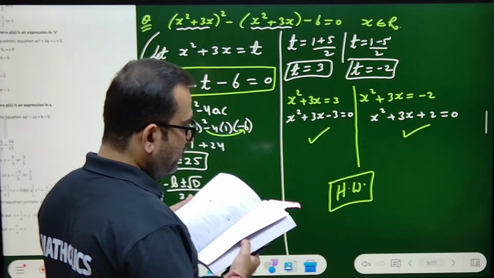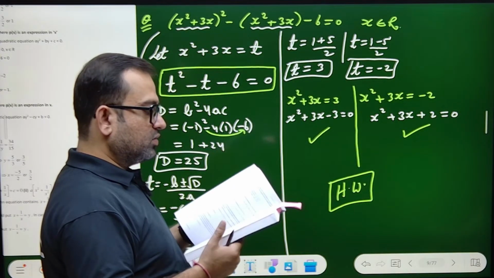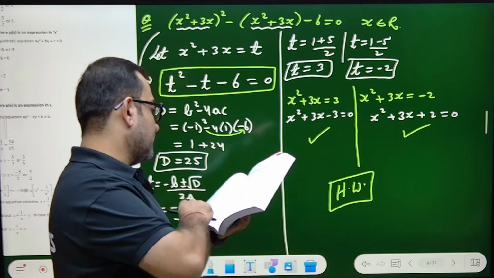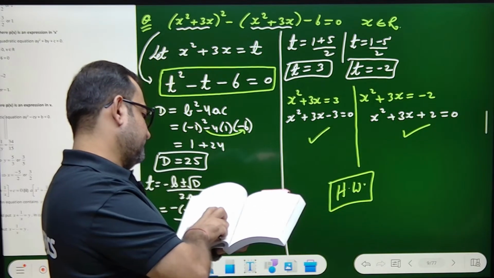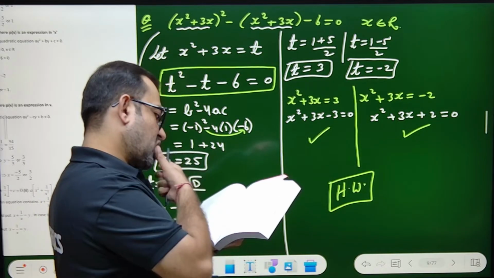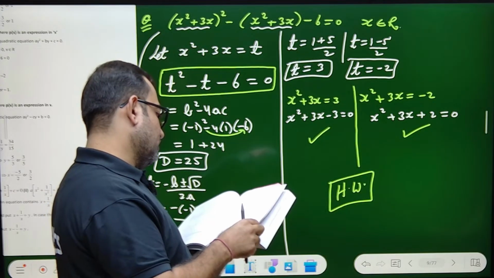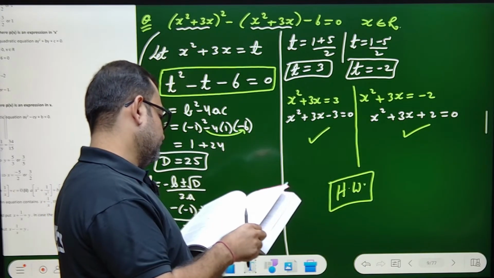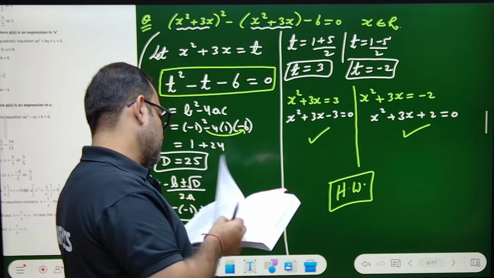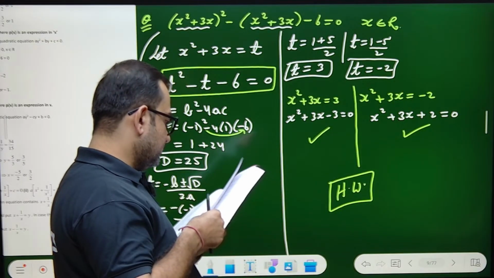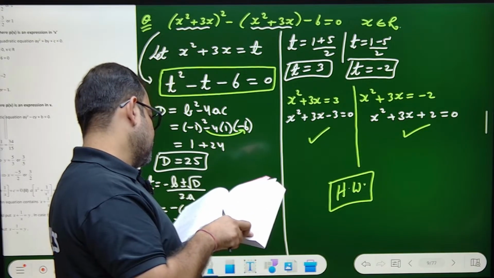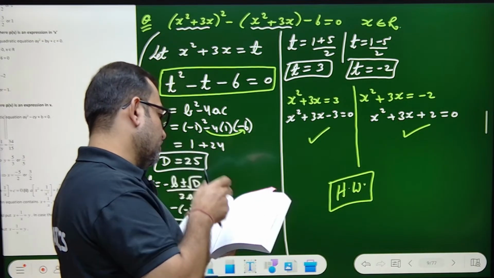So RD Sharma, if you are solving, write down the homework. Quadratic equations, exercise 4.2. Exercise 4.1 you must have done.